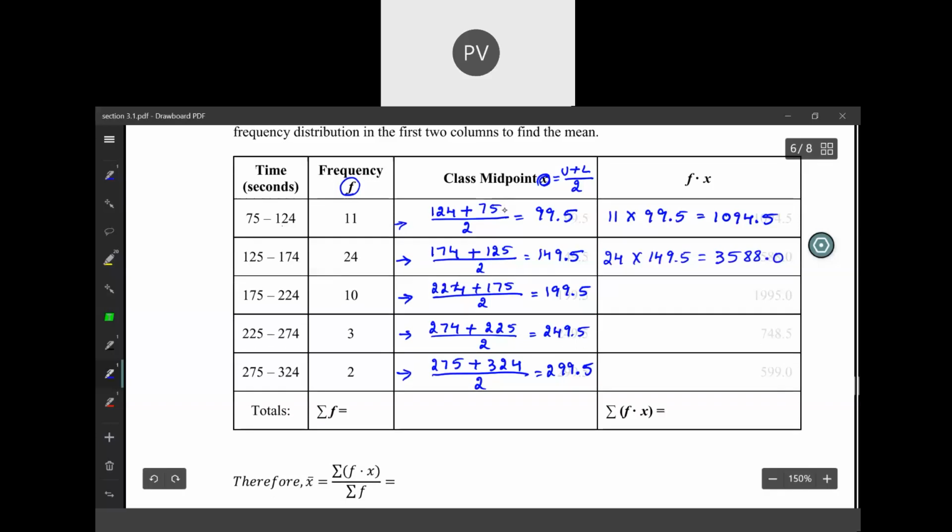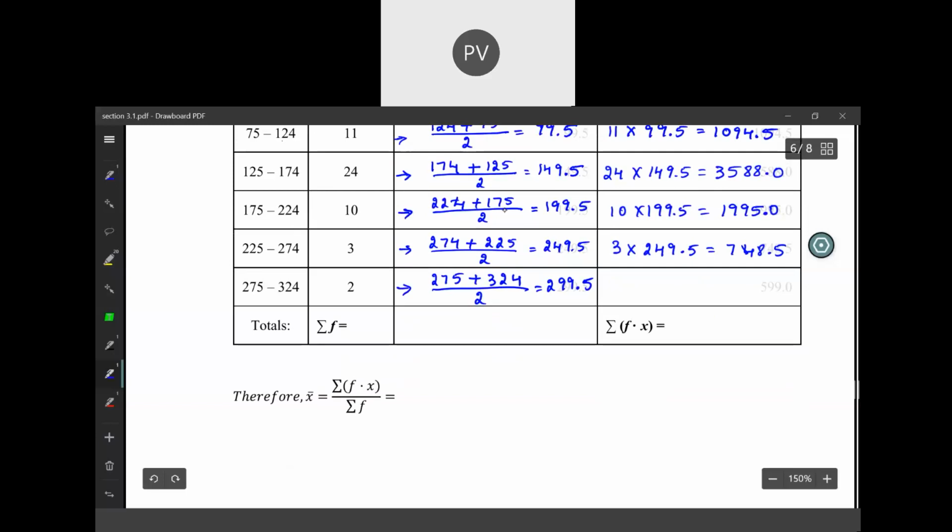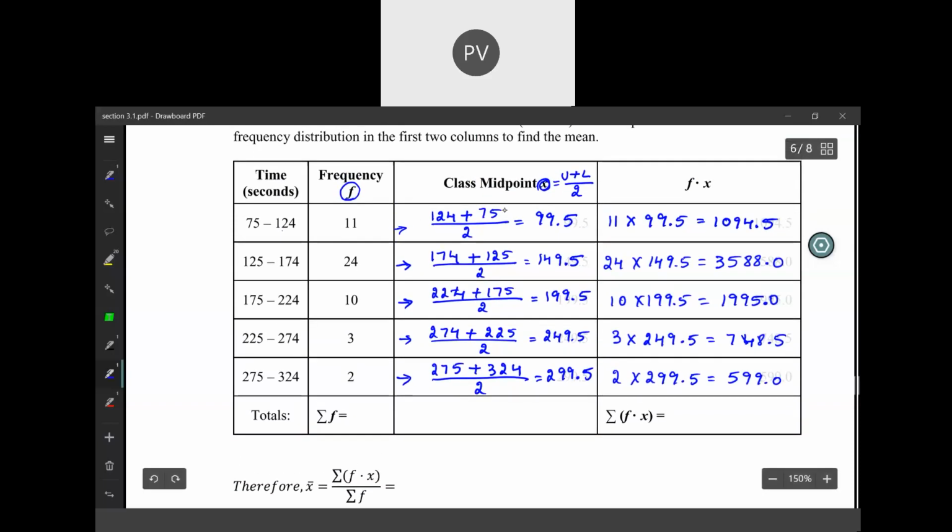Next is 10 into 199.5 equal to 1995. Frequency is 3. Class midpoint is 249.5, which equals 748.5. Frequency is 2. Class midpoint is 299.5, which is equal to 599.0.